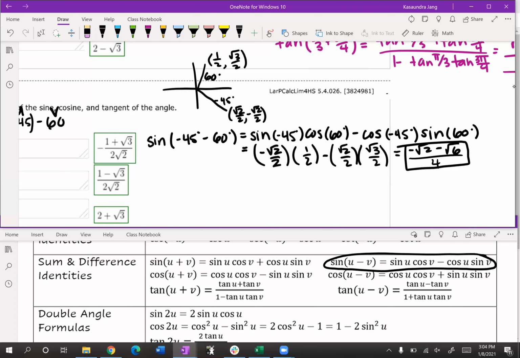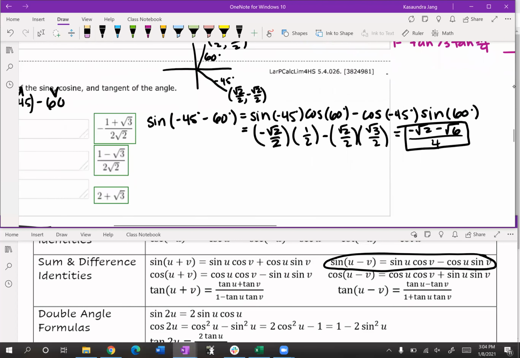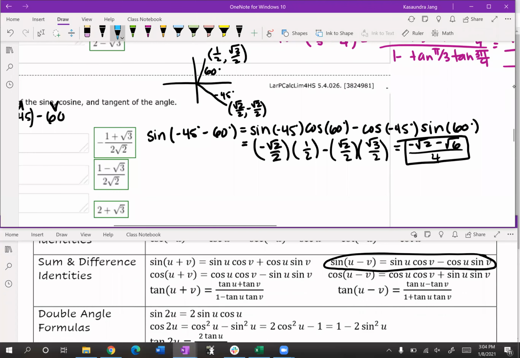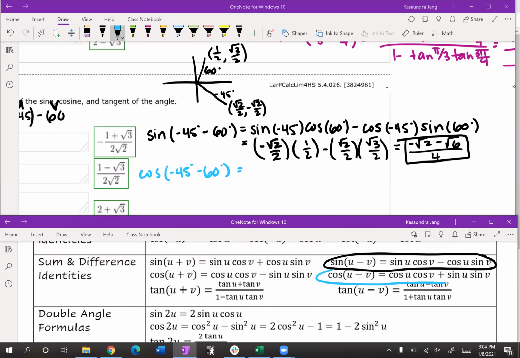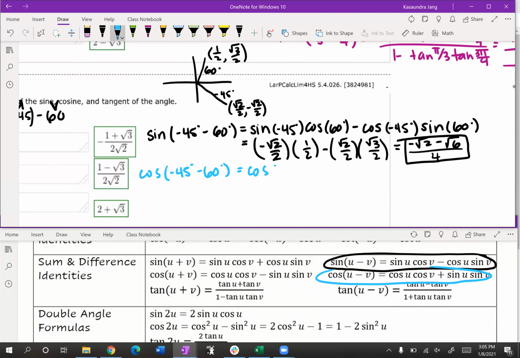Okay, next up, I got to do the cosine. All right, so my cosine of negative 45 degrees minus 60 degrees. Here's my cosine identity of stuff subtracted. So that's going to be cosine of the u, so cosine of the negative 45, and cosine of v, so cosine of 60 degrees.